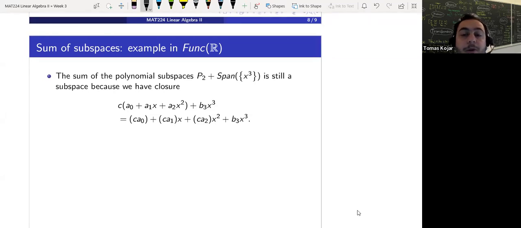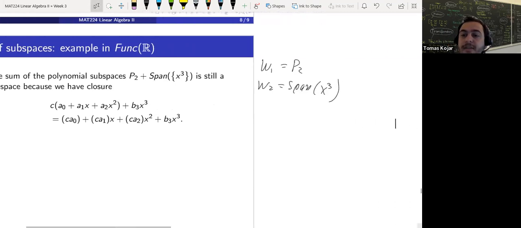So let's do some examples just to get you going. We look at W1 to be P2, and we take W2 to be the span of just the x cubed polynomial. And we want to study their sum. So we just proved the following.